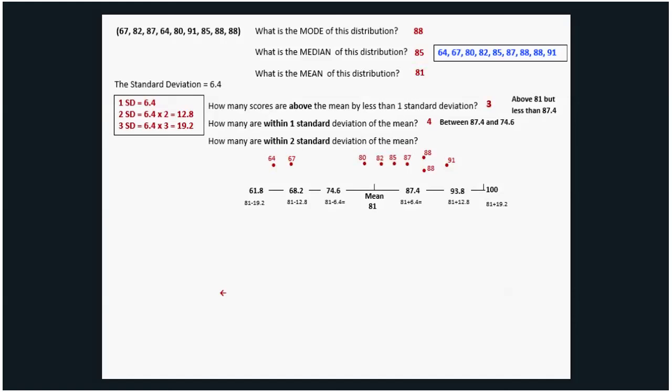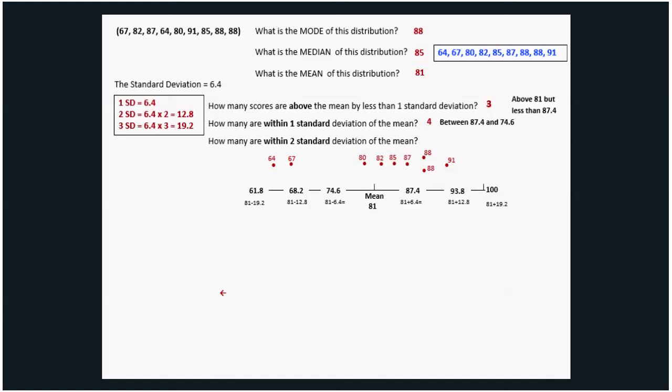How many are within 2 standard deviations of the mean? Okay, with 2 standard deviations, we know that that comes up to 12.8 points. How many are above the mean by 12.8 points? Because our standard deviation equals 6.4. And if we're looking at 2 standard deviations, that's 6.4 times 2. That gives us 12.8. So how many fall within that 2 standard deviations?